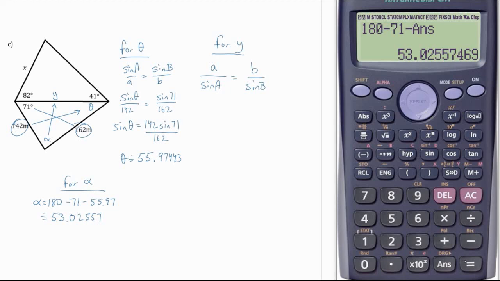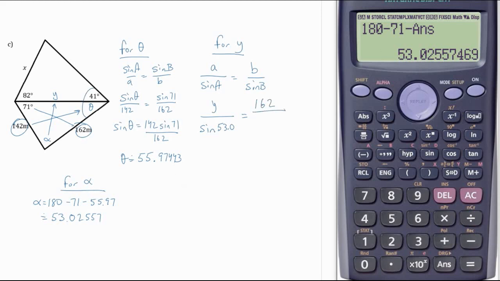The side length I'm looking for is y. The angle across from it is alpha, which is 53.0. But I've got that on my calculator. Equals b. I'm going to use the side length and angle that I'm given, not the one that I calculated.